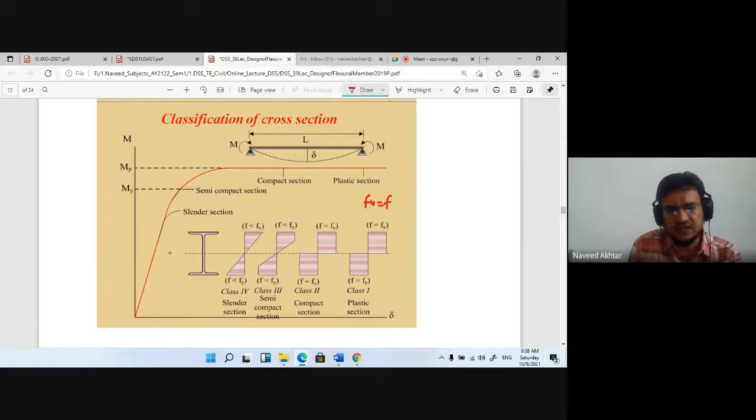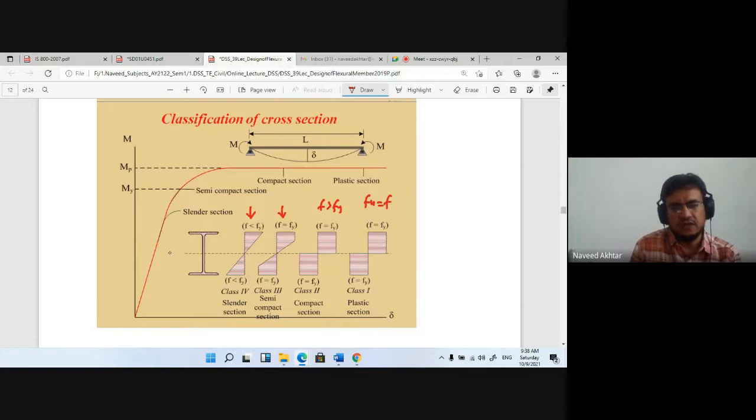And if F is greater than Fy, then it is class 2 compact, and if F is equal to Fy, it means that it is class 3 semi-compact, and if the stress in the member is less than the yield stress, then that section is called a slender section.